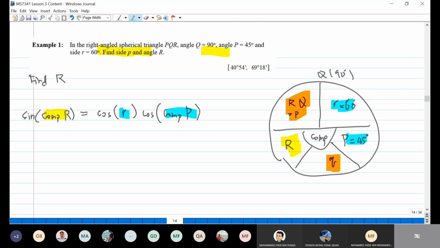So I need to tell you a few transformations. What does the complement of R mean? I can draw a simple triangle to tell you. Complement of R, let's say this angle here is R, this is 90 degrees, and this is 90 minus R, the complement of R. Let me draw a bigger triangle.